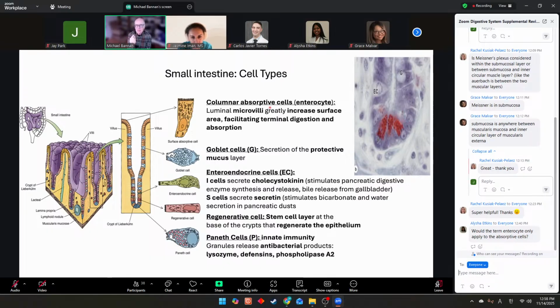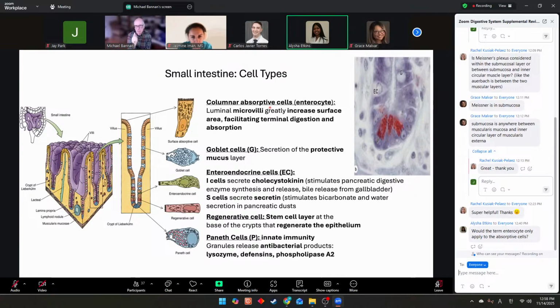That is present in the small intestinal cells, which we call enterocytes. The word enterocyte just means that it is a cell of the small intestine. Usually the entero refers to the small intestine, cyte is just cell. So that word means it's a cell line of the small intestine, and those cells are columnar absorptive cells.